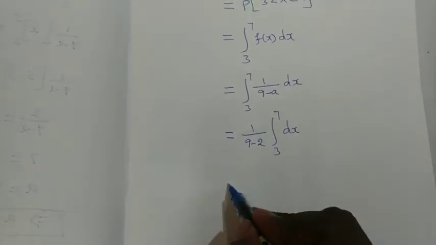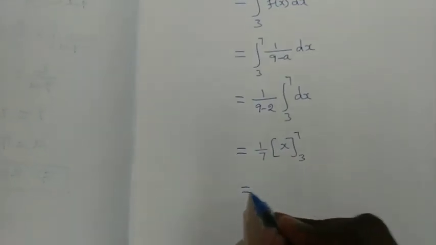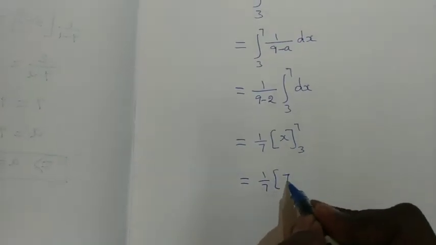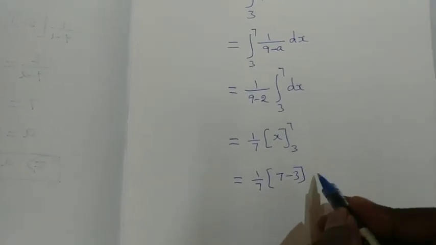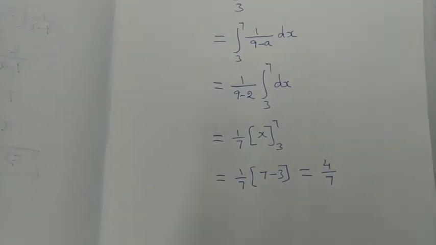So 9 minus 2 is 7, so 1 by 7 into the integration of dx, which is x with the limit 3 to 7. So 1 by 7 into upper limit minus lower limit. 7 minus 3 is 4, so the answer is 4 by 7. So 4 by 7 is the answer of the problem.